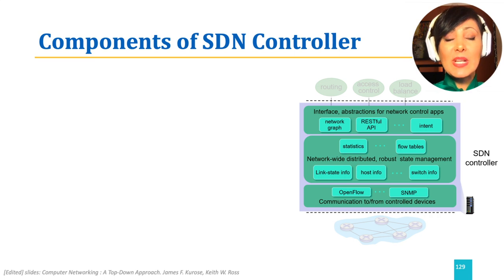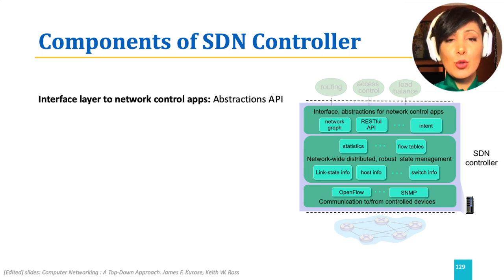Putting the components of SDN Controller together, we can summarize the three main roles for it. First, providing the northbound interface to network control applications. Applications can register to be notified when a state change happens so that they can respond to events. Different types of APIs can be used for the northbound interface.